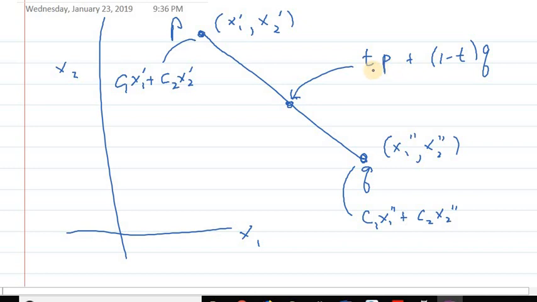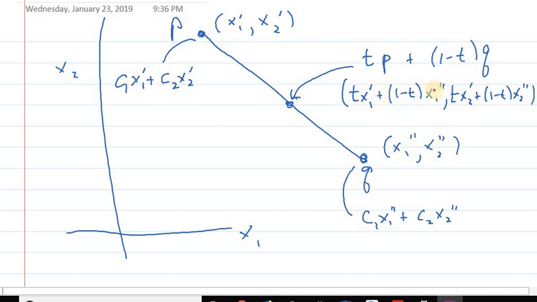The value of the function here, if I actually work this out for the two components, the x1 component is going to be T x1 prime plus 1 minus T x1 double prime. That's the convex combination of the x coordinates. And for the x2 coordinates, it's the same thing: T x2 prime plus 1 minus T times x2 double prime.